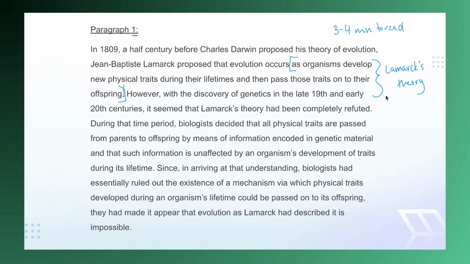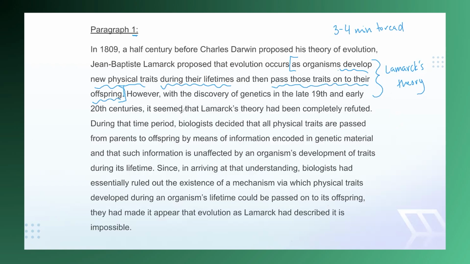I don't actually need to understand what that theory is, what it means. Now, I am going to note some key words and phrases in this theory. So, develop new physical traits during their lifetimes, pass those traits on to their offspring.